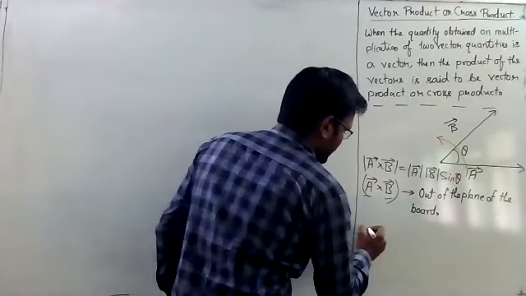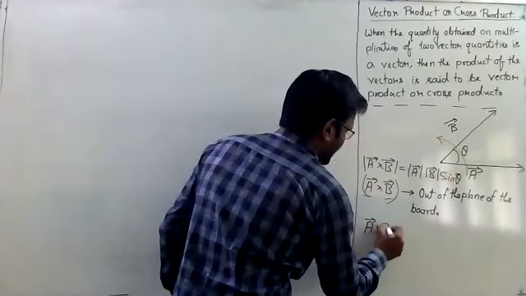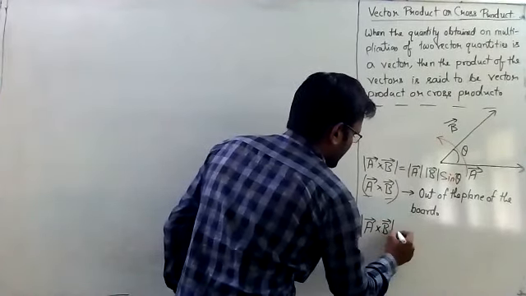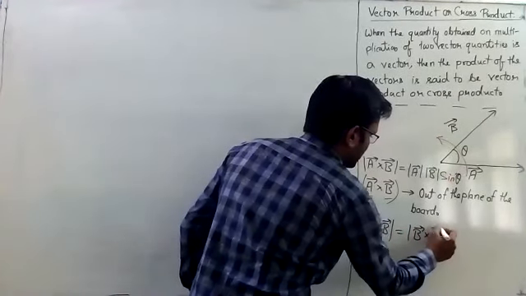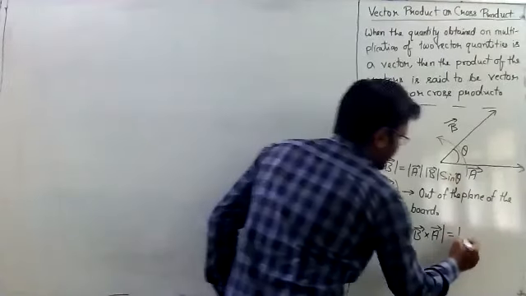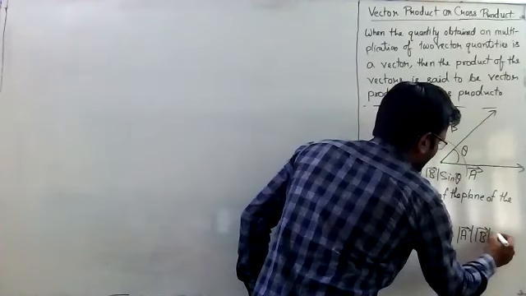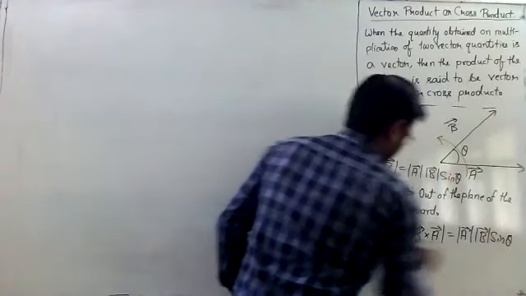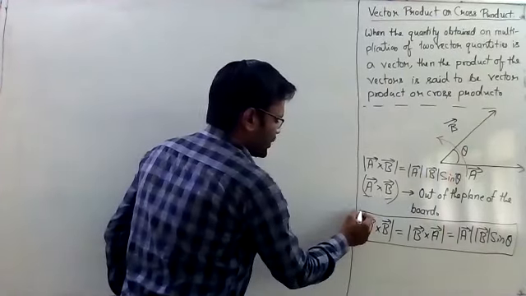Here I can say that the magnitude of A cross B is equal to the magnitude of B cross A, equal to magnitude of A into magnitude of B into sin theta. This I can say if I am just taking the magnitude. Then this relation will be valid.